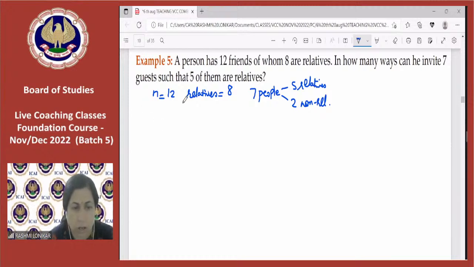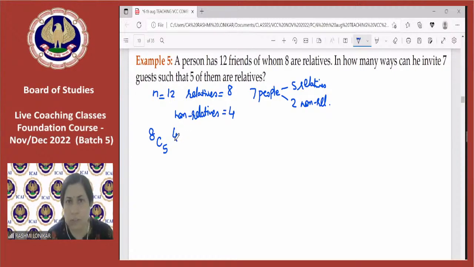So, when I have 12 people, of them 8 are relatives. So, how many will be non-relatives? This will be 4. Okay, 8, then 4. So, we have to select out of these 8 relatives 5 of them, and out of the 4 non-relatives, 2 should be chosen.